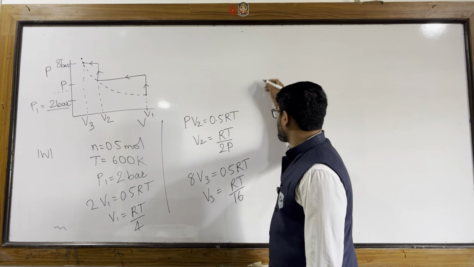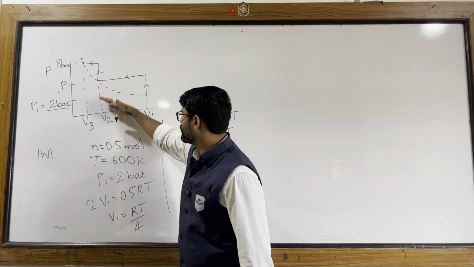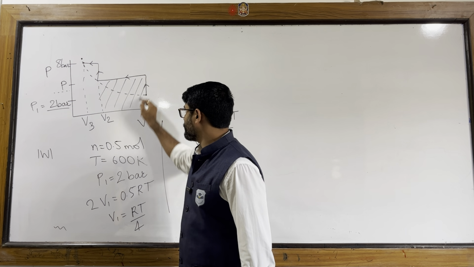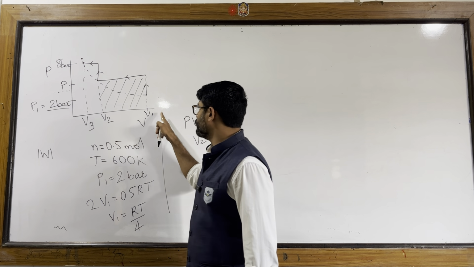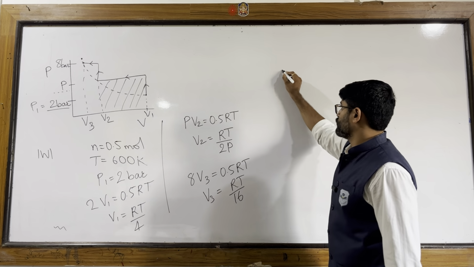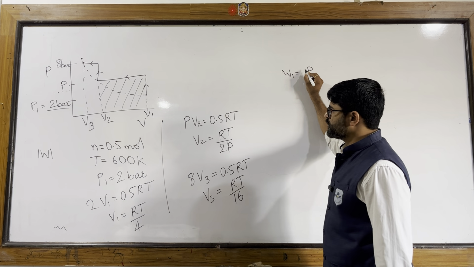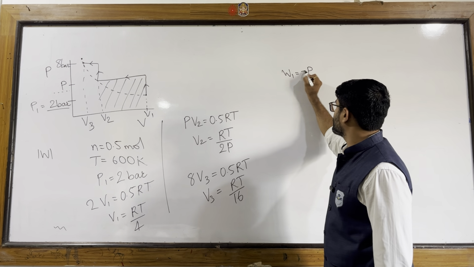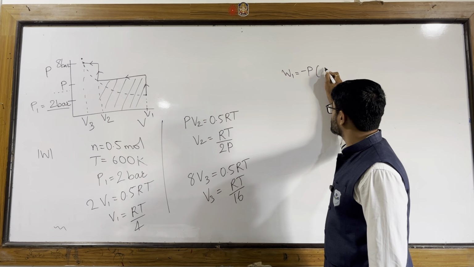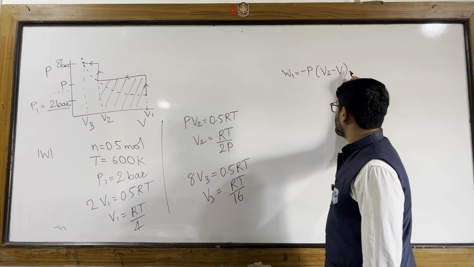So let's calculate the work. In the first process, work is done at external pressure P, where the volume changes from V1 to V2. So work 1 is minus P times the change in volume, V2 minus V1.